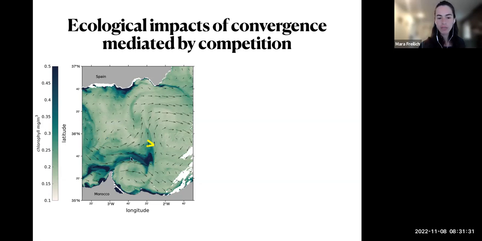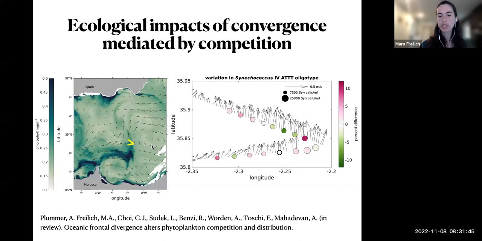I did some observations in the Western Mediterranean Sea, where we have a chlorophyll filament, kind of resembling what we saw on the California coast. We have this high chlorophyll water at a front, and we sampled it at a very high resolution. And what we found is dramatic variation, even at scales of 1 kilometer, in the community composition in a front.